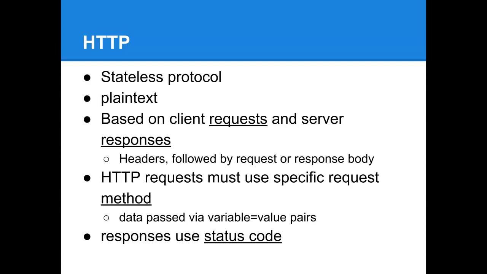GET or POST are the common ones, where data is passed via variable equals value pairs, commonly with some form of delimiter to separate the various variables, like commas. And the response from the server will use some form of status code along with whatever data may correspond to the request that generated it.